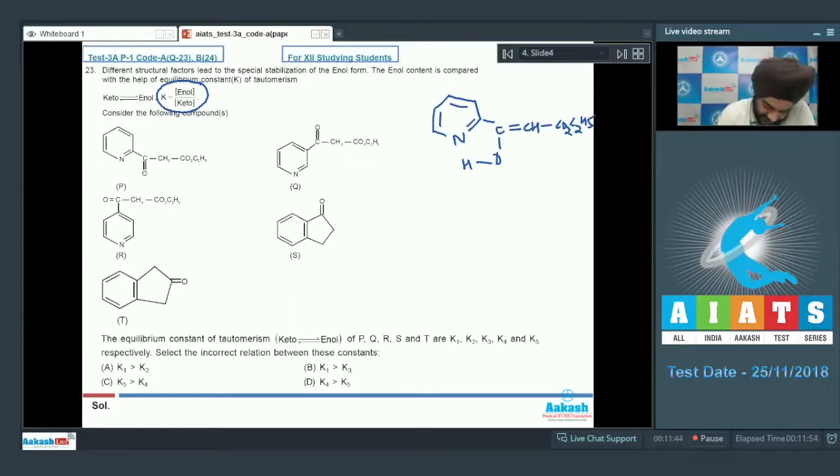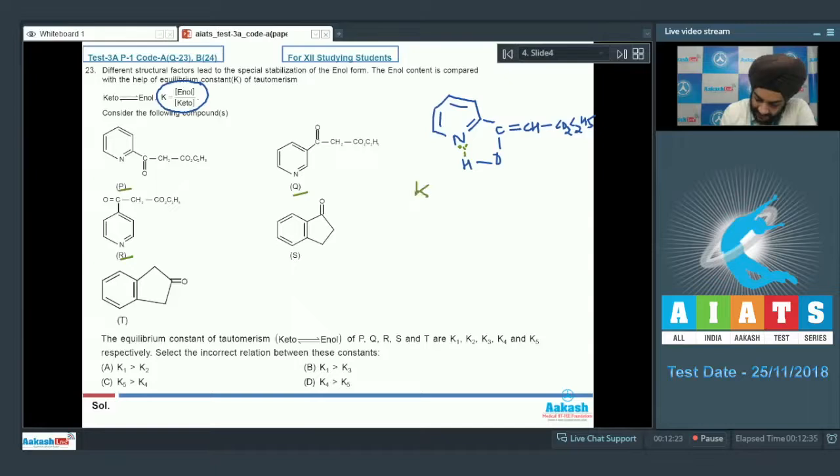And students, we can see that this enol form is stabilized by hydrogen bonding. So if we look at option P, option Q and option R, the enol content of P will be more than the enol content of Q and R, as no such intramolecular hydrogen bonding is going to take place in molecules Q and R.